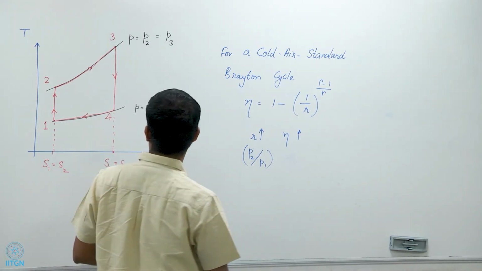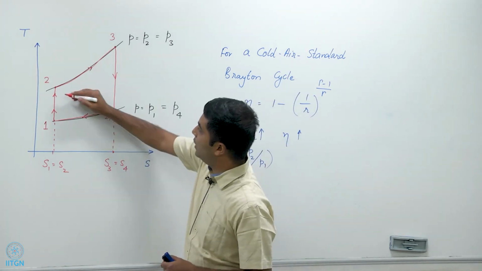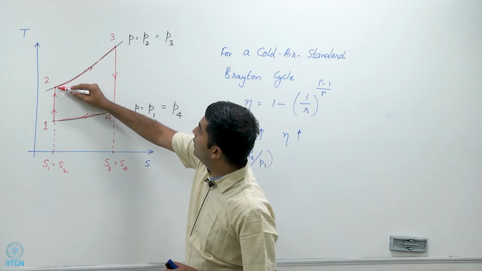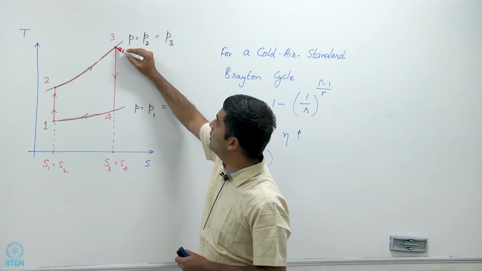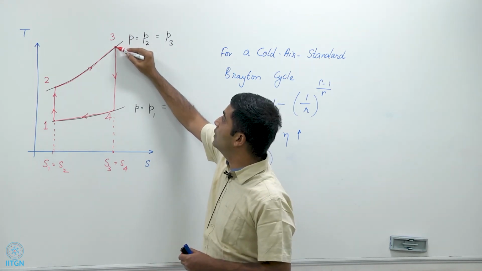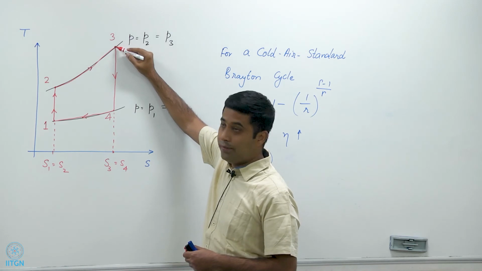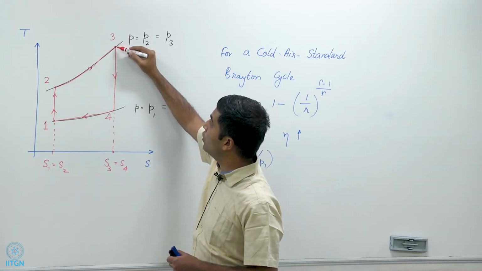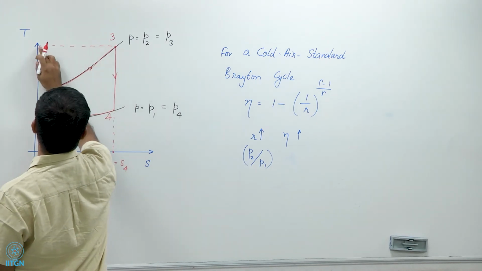However, we are again limited by material limitations, because when we compress to a very high pressure, the resultant temperature is also very high, and so typically this is a limiting temperature. So, this is the temperature of safe operation limits for the materials that make up the gas turbine, and so therefore, there is always a maximum limit for this temperature.